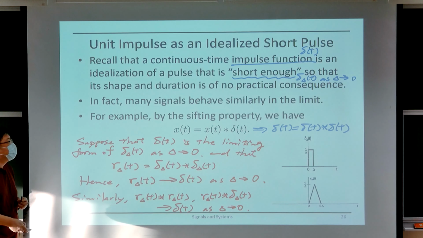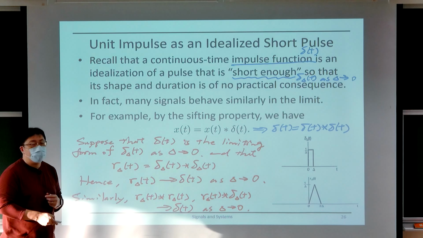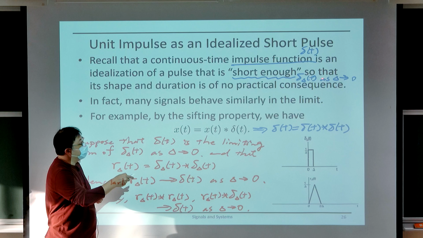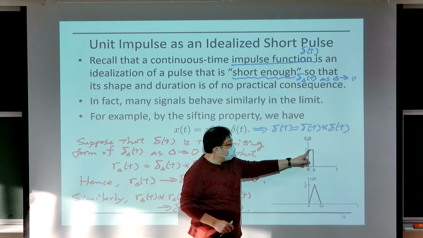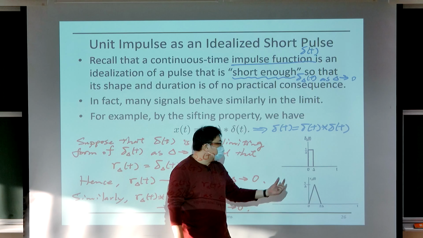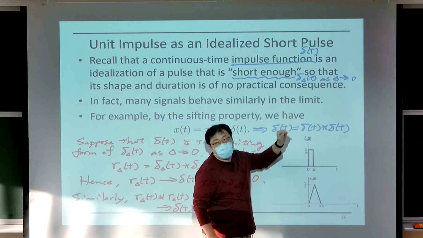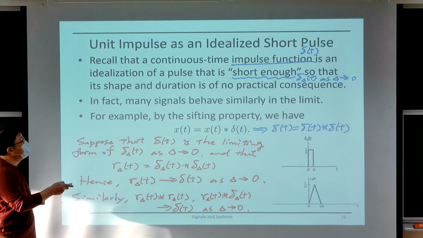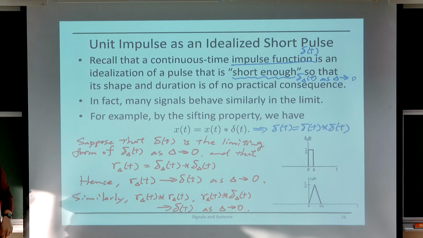Previously, when we first introduced the unit impulse function, we described it as a limiting form of this short pulse, delta sub capital delta of t, which is a pulse of this rectangular shape. As capital delta goes to 0, this magnitude blows up to infinity, and therefore it behaves as this unit impulse that we define.